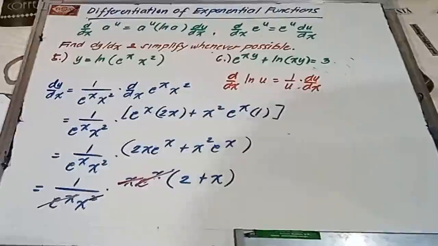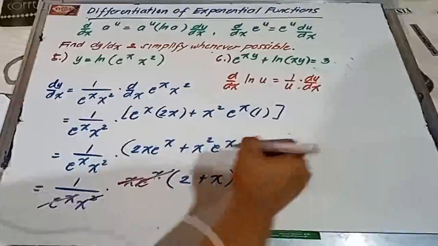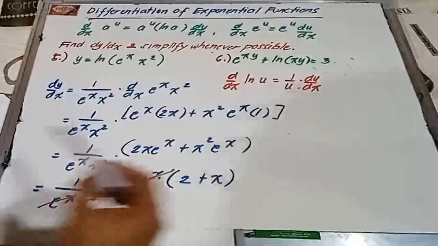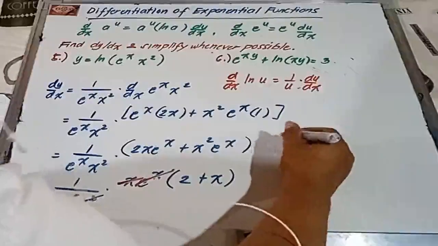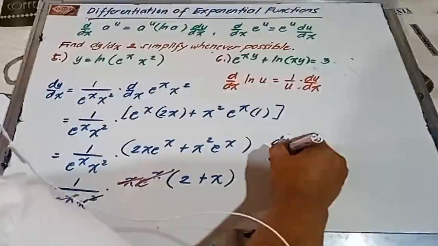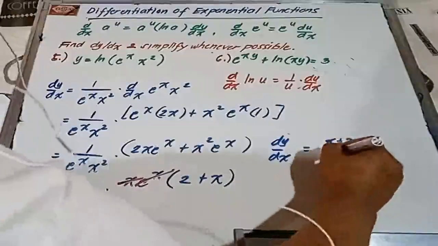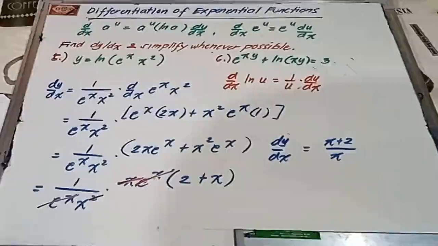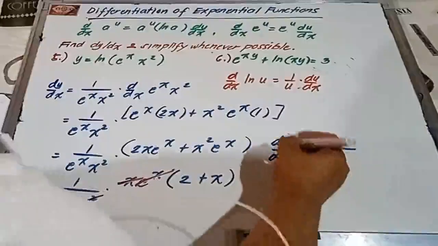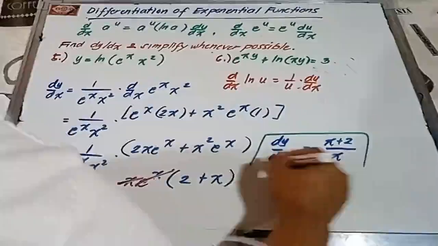So, ang matitira na lang is dy over dx is equal to, on top, we have x plus 2. Sa baba is just simply x. Okay? X plus 2 over x is our final answer para sa example number 5.